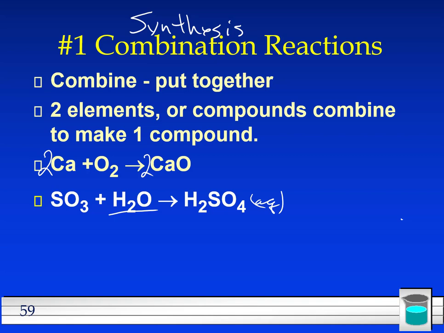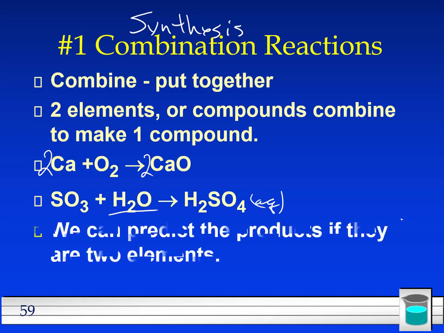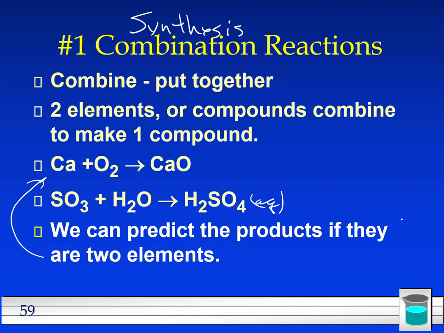Okay. Now, of these, I would expect you to be able to predict the first one. If I have just two elements, it should be pretty easy to predict what they're going to make.